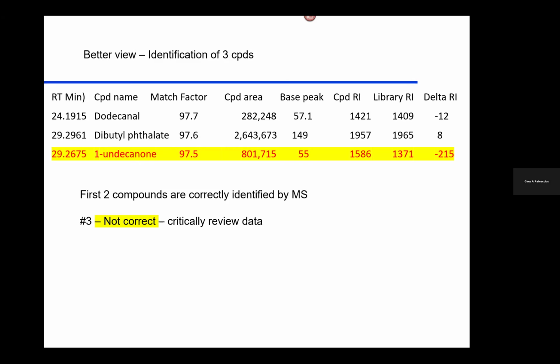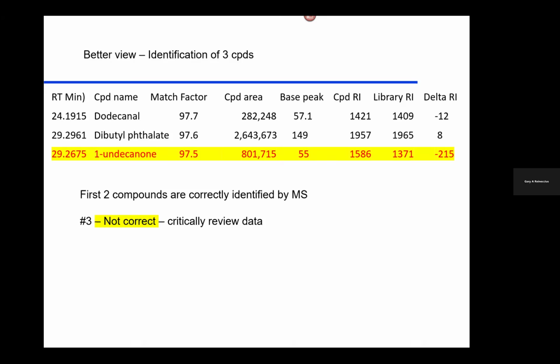And then here's your fit for the compound retention index library. In this case, of these 3 example compounds I just picked out for you, the first one, the delta retention index over there, is minus 12. That's really quite good. It says it elutes just after hydrocarbon 14.